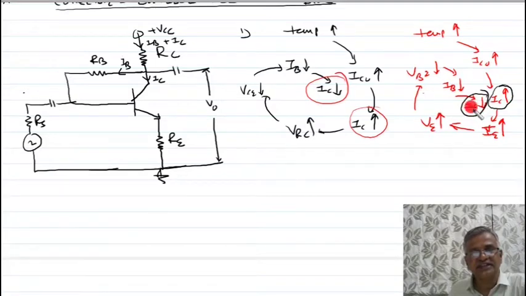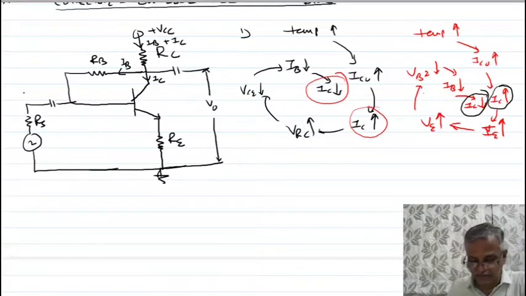So this decreasing collector current tries to compensate the increasing collector current due to rise in the temperature. So here you use the collector feedback and emitter feedback to stabilize your collector current. So in this way your collector current is stabilized against the variation of temperature.